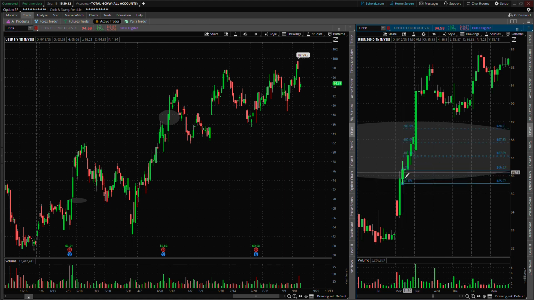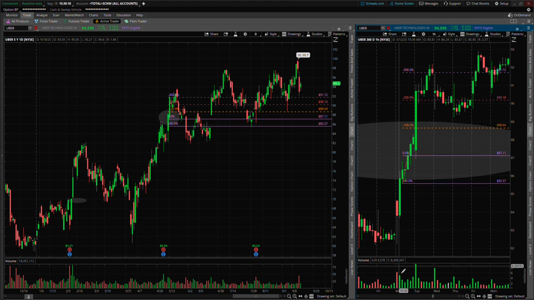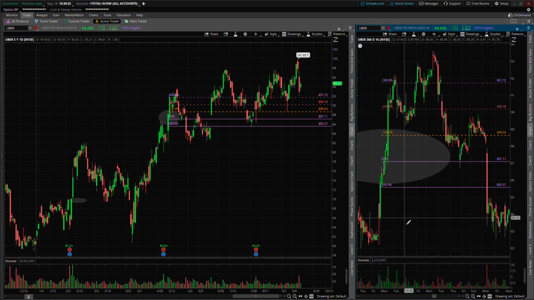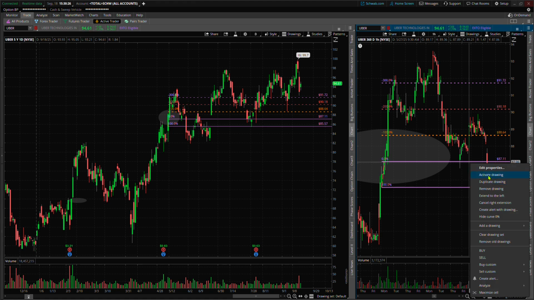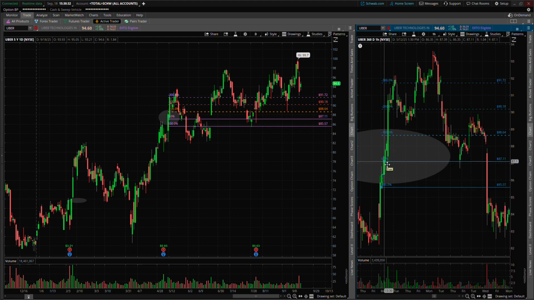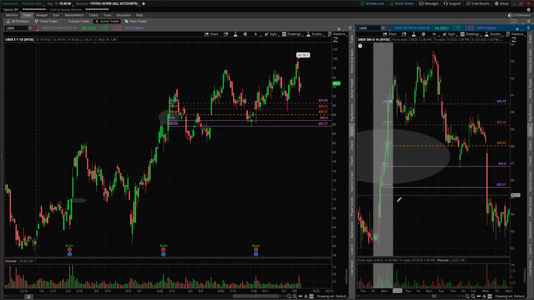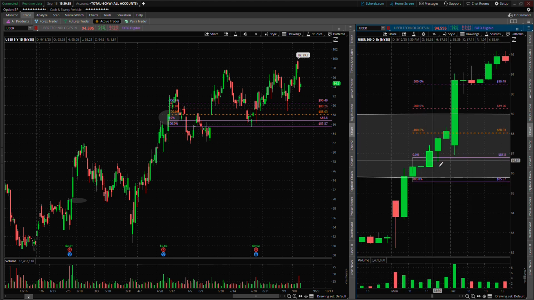So we'd probably go somewhere, maybe a little bit down, probably right around here. And on this one, I must have dropped my entry line down a little bit more. So if I move this line down a little bit more, I actually got in at the top of this wick right here.